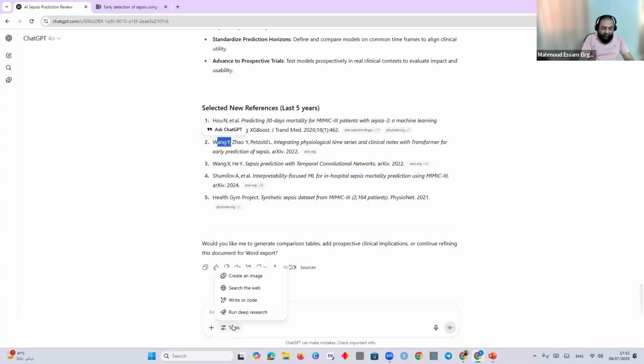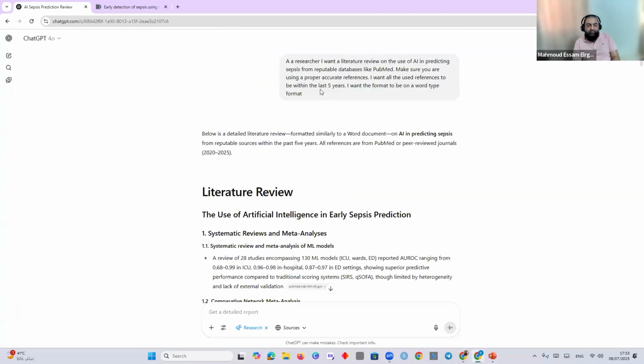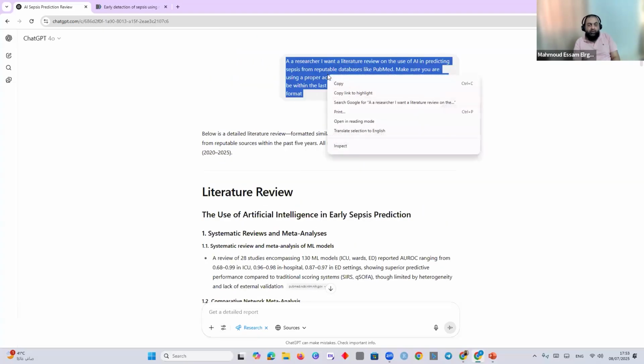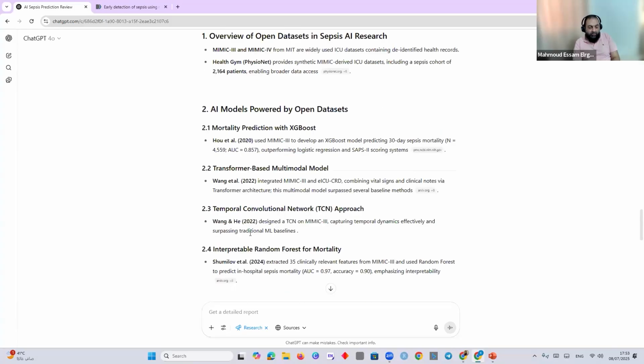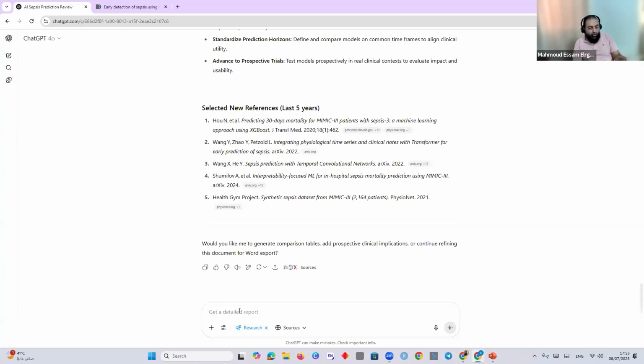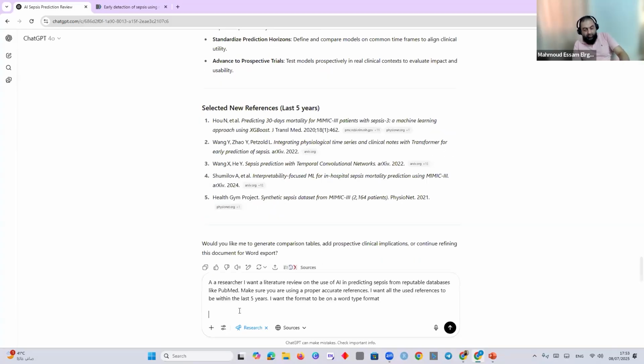So one of you asked, this is because I'm using the free version now. There is the deep search version, and with this deep search version, we will run the same prompt that we have put here, just to see the difference between the prompt on the normal search and on the deep search.